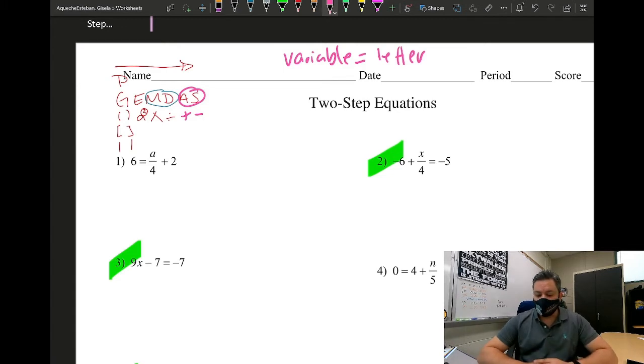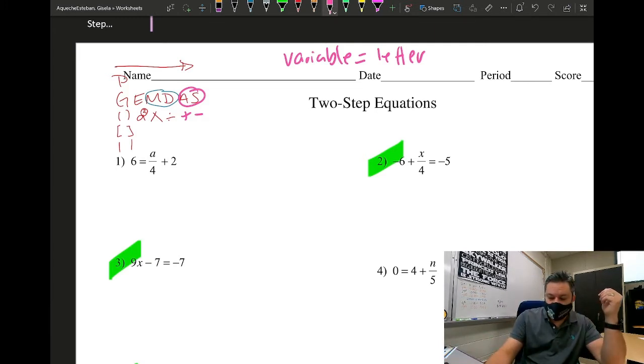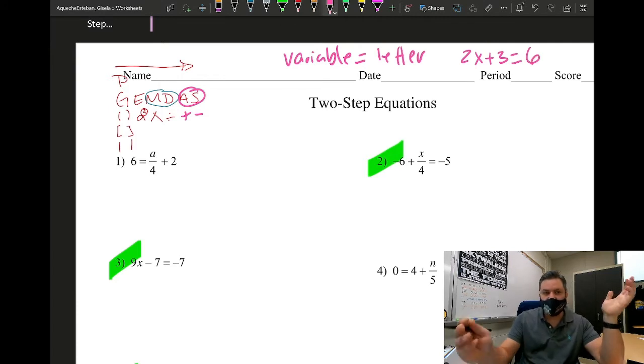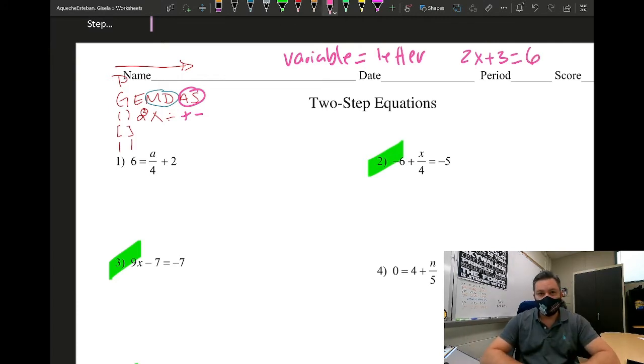With that being said, we usually see equations like 2x plus 3 equals 6, something in that nature. Our eyes are trying to see the equation with the letter first, then plus or minus a number, equals something.